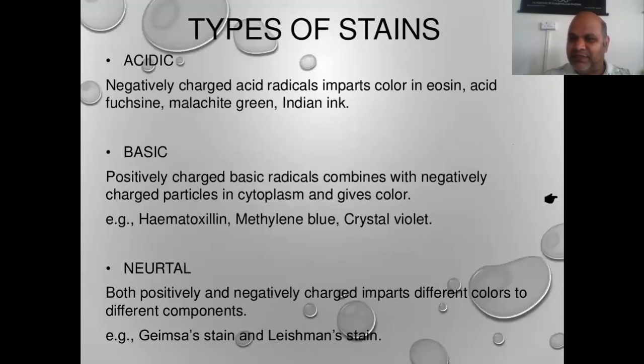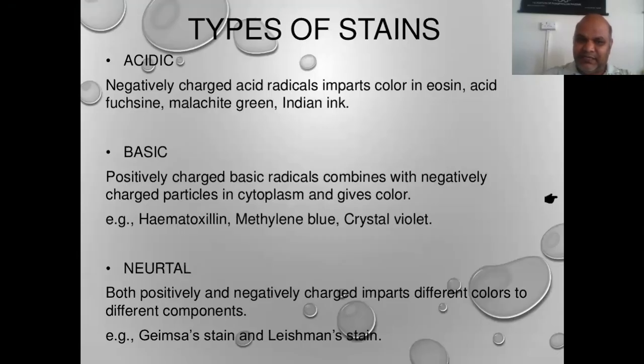If we see the types of stain, how many types of stains are actually used to stain the body of the microorganism? It is of 3 types: acidic type, basic type, and the neutral type. Acidic type actually consists of negatively charged acidic radicals, for example eosin, acid fuchsin, malachite green, Indian ink.